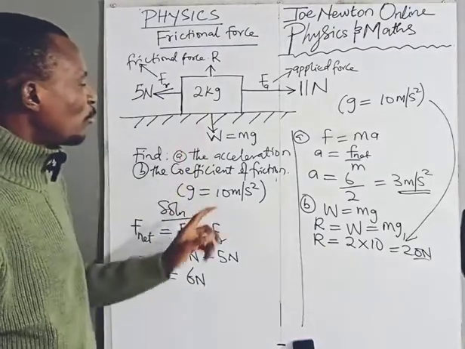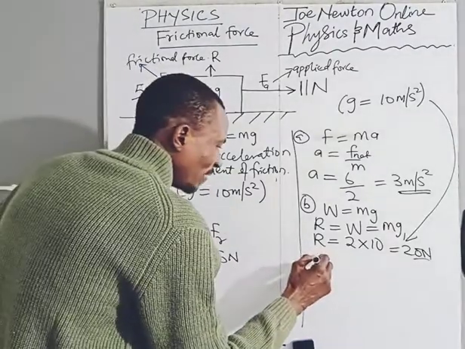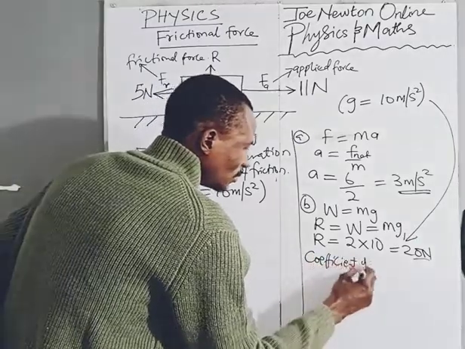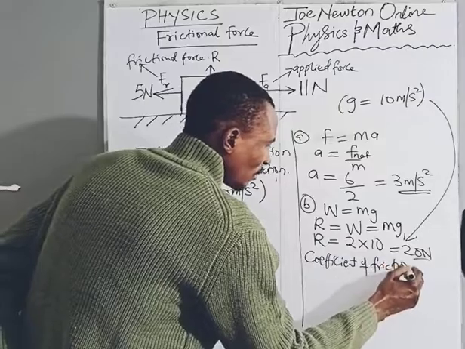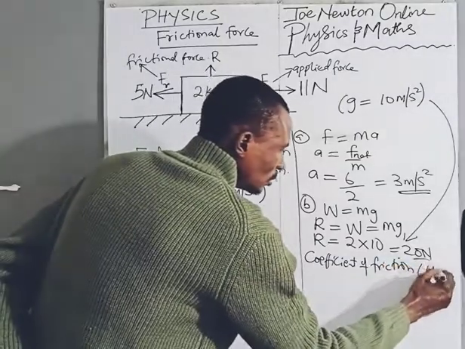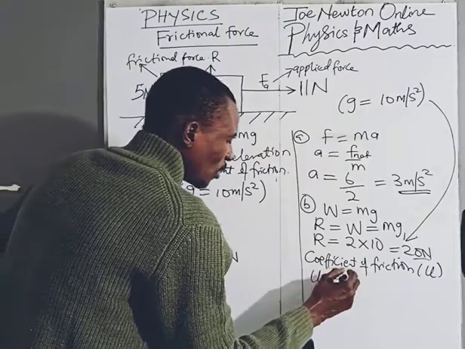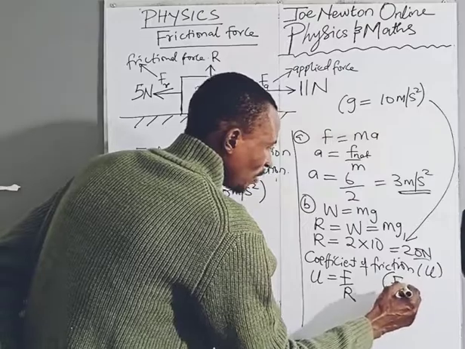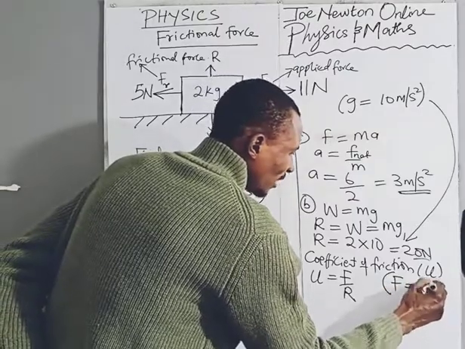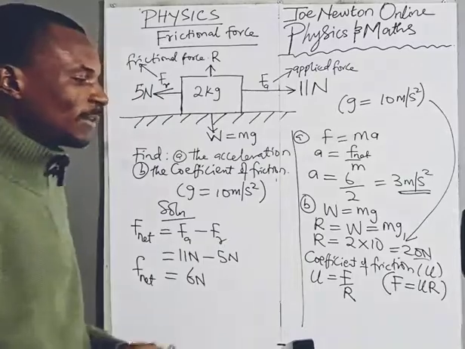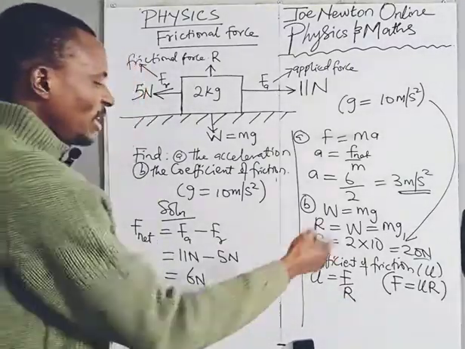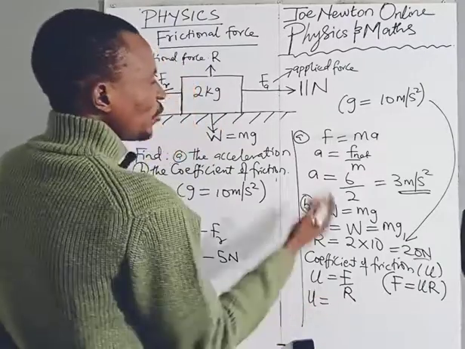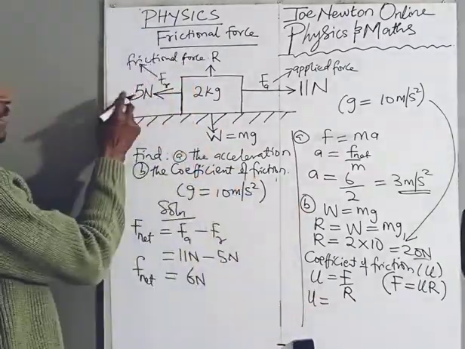Then, for the coefficient of friction, we call it mu. So we have that mu is equal to frictional force over normal reaction, because frictional force is equal to mu times normal reaction. That is it. So remember this. With this knowledge, our coefficient of friction is equal to the frictional force, which is 5 Newton.